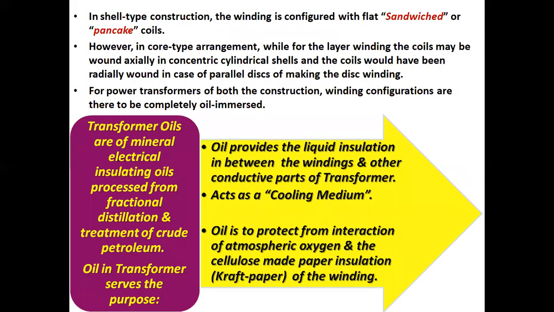In shell type construction, the winding is configured with flat, sandwiched or pancake coils. However, in core type transformer arrangement, while for the layer winding, the coils may be wound axially in concentric cylindrical cells, and the coils would be radially wound in case of parallel discs making the disc winding.